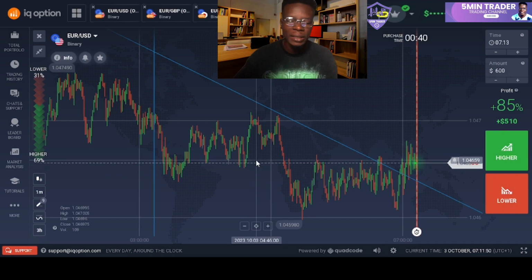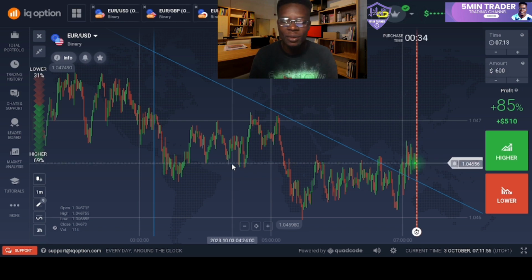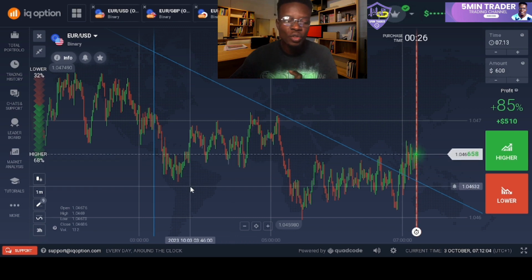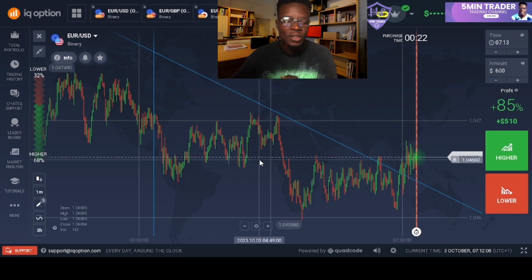So now that we have the retracement phase, the next thing we are going to do is to draw another trend line on the retracement phase, and this time we are going to draw a support trend line. Now we are not trading in favor of the buyers, so we are not using the trend line to place a trade.